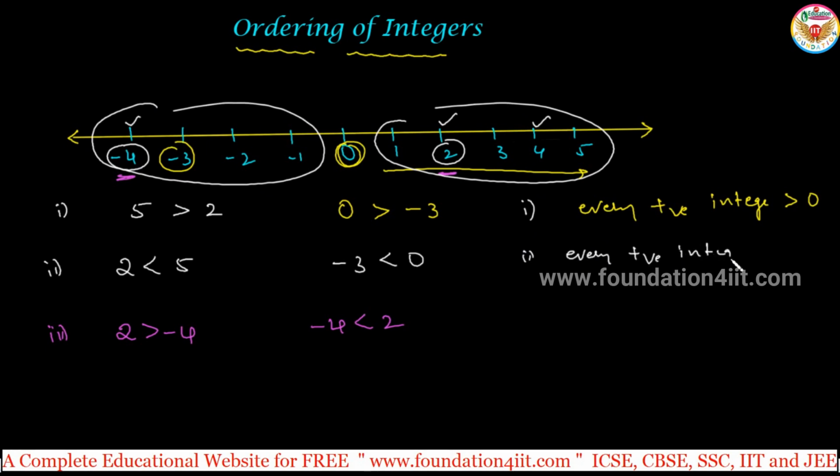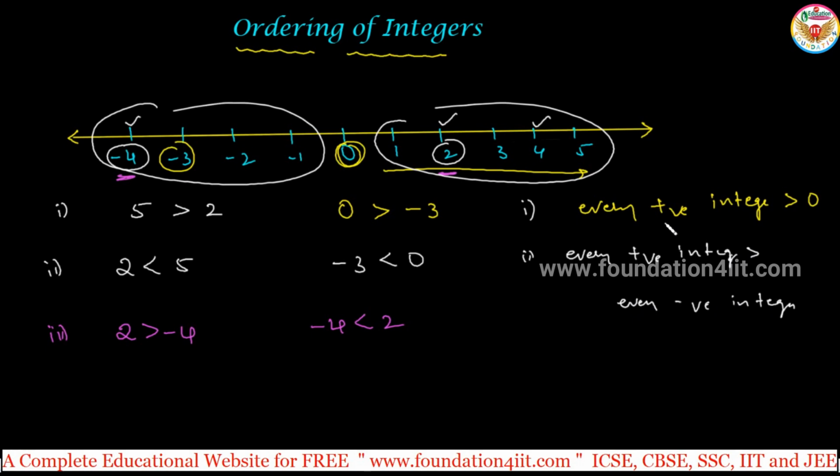Simple thing: every positive is greater than every negative. In the same way, every negative integer is smaller than every positive integer, because positive is greater than negative, which means negative is less than positive. So these we can conclude.